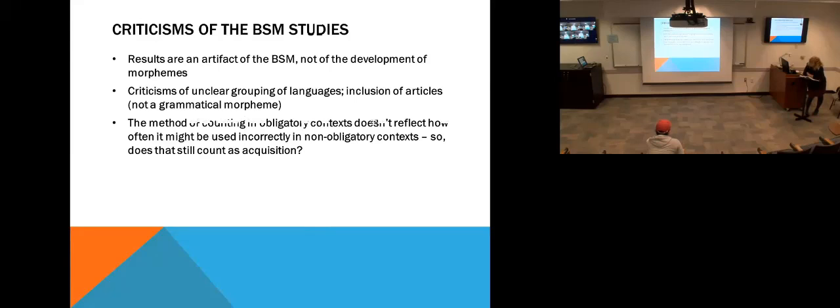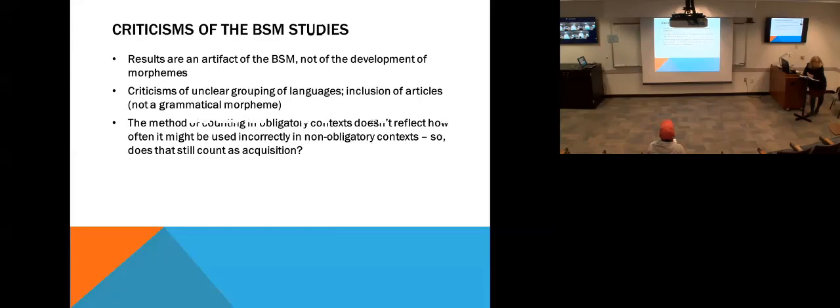So the question really becomes, what counts as acquisition, right? So is a morpheme acquired when it is A, used in obligatory context, and B, not used when it shouldn't be? I think most people would argue that that sounds like acquisition, right?